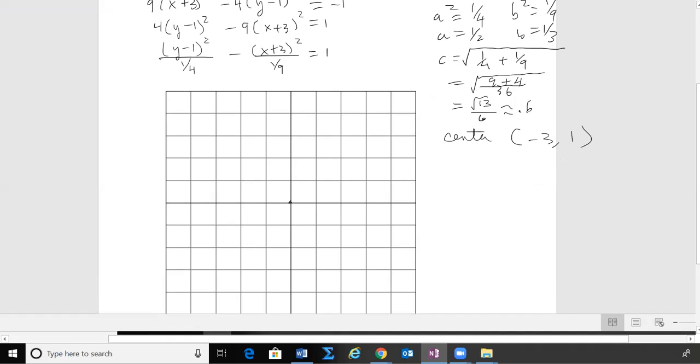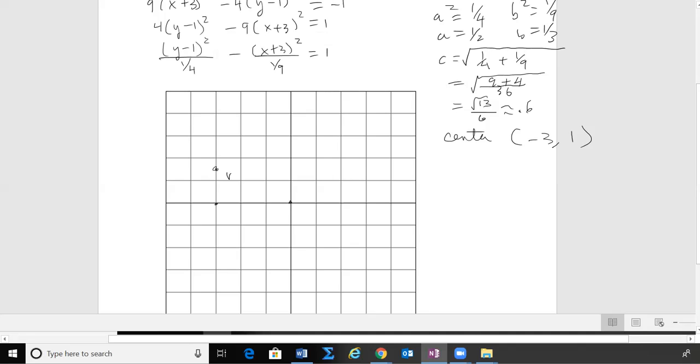So that would be, if I make this a -3, there it is, there's the center. Okay, and so this one travels in the vertical direction. It's transverse to the vertical, and the A is a half, so it's only up here that I get that first one of the vertices right here, and another one that comes down.